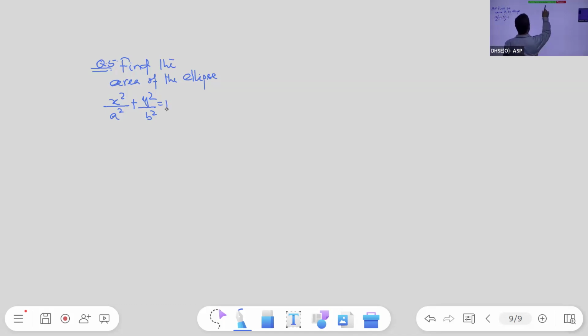Try to find the area of the ellipse x square upon a square plus y square upon b square is equal to 1.